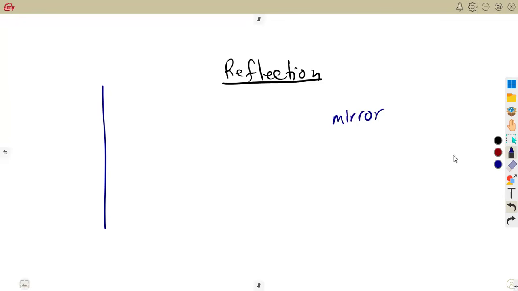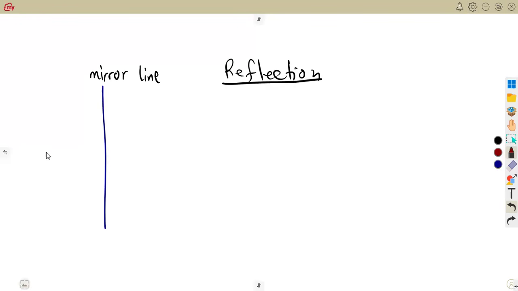Okay. So let's say we have this one as our mirror, which in mathematics we consider as the mirror line. The mirror line, the one that is going to map the object to its image.